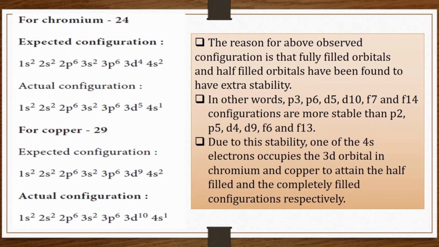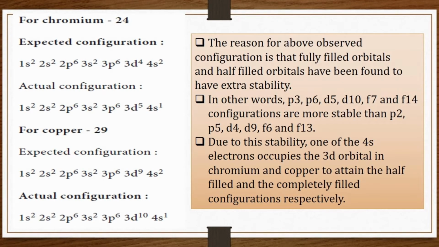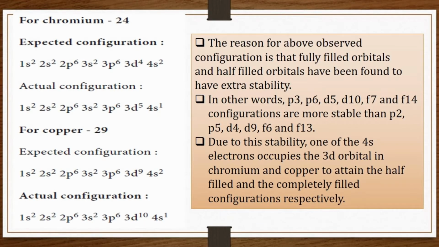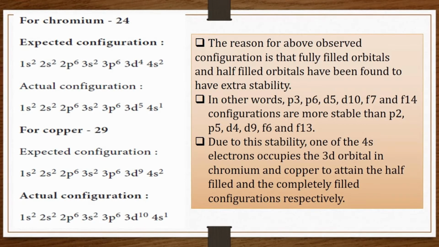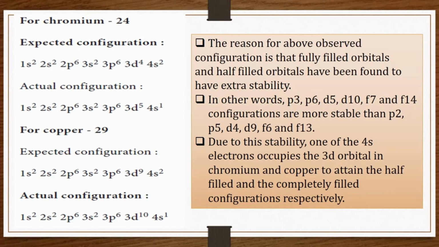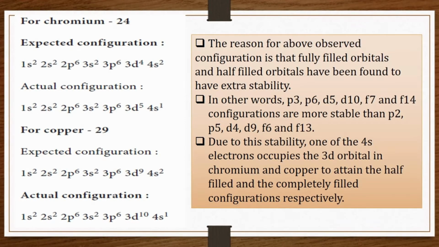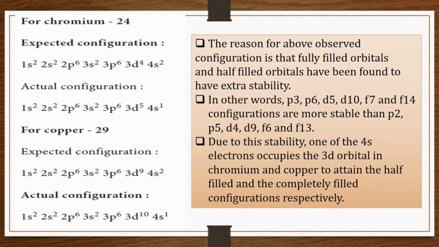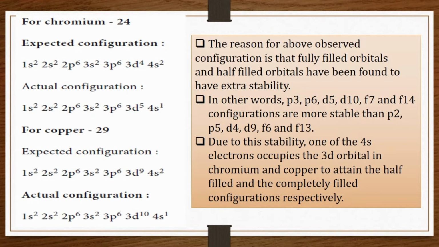But certain elements like copper and chromium differ from the general configuration. The configuration of copper is found to be 1s2, 2s2, 2p6, 3s2, 3p6, 4s2, 3d9.